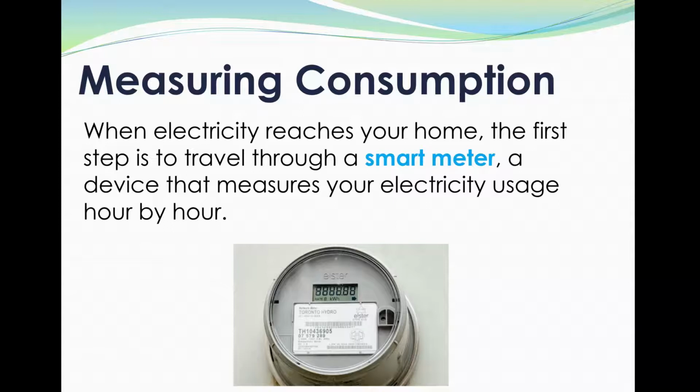Smart meters are automatic, and they basically measure the electricity usage hour by hour and send that information to the electric company.